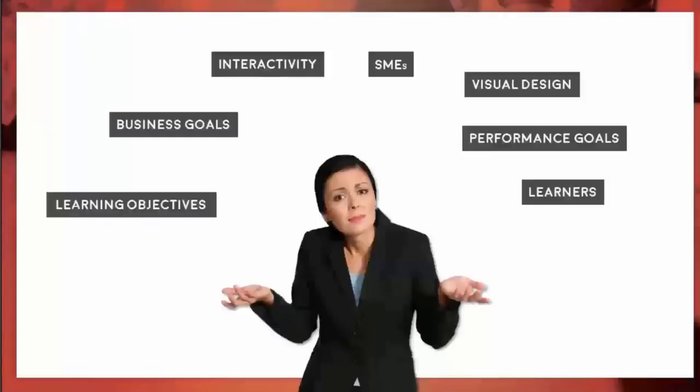Not only that, you have to deal with your subject matter experts. Subject matter experts aren't instructional designers most of the time, and so you have to create a storyboard that they can review and easily understand and have some sense of what's on paper and what it's going to look like on the screen. That's a big hurdle for a lot of people.